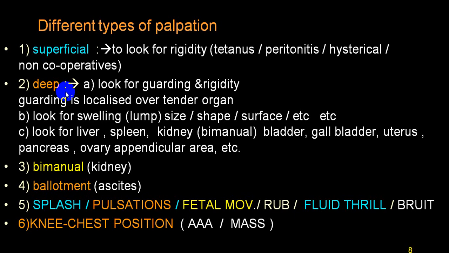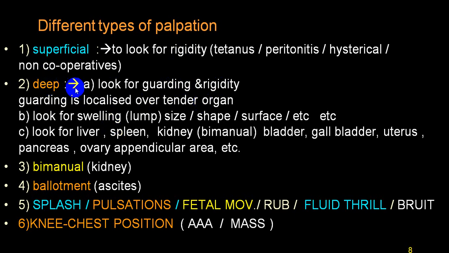During a deep palpation, look for guarding and rigidity. But during deep palpation, guarding will be better identified, while in superficial palpation, rigidity will be better identified. Guarding is localized over the tender organs.